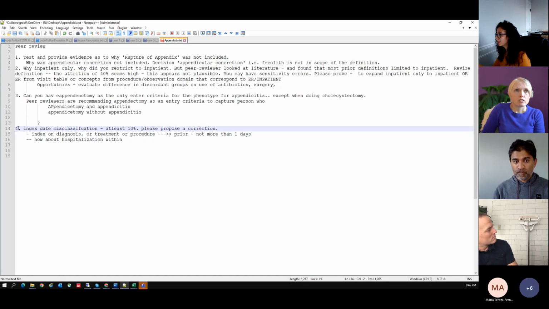We don't believe it's 50%. That's why I won't recommend removing that requirement, because as Andrea said, we're going to end up getting all those follow-up visits. But we have to acknowledge that there's a potential sensitivity error in this definition. There is probably some proportion of these people that truly have the event that we're not capturing because they never went to the hospital.